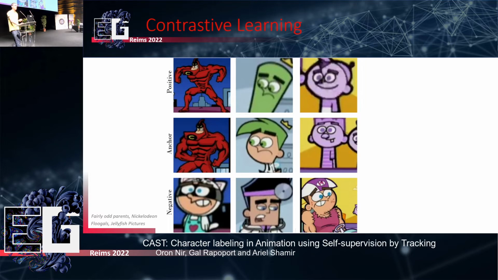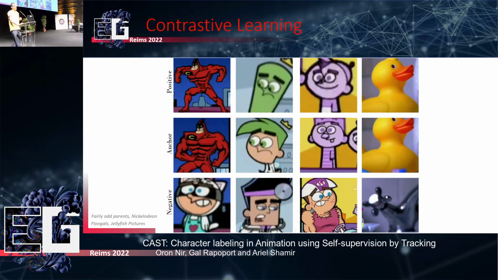Or when the detector fails, meaning we have a non-character detected as a character here below. We believe that such examples, although they do not encode identity properly, may still teach the network to fine-tune towards the style and texture in this specific animation.